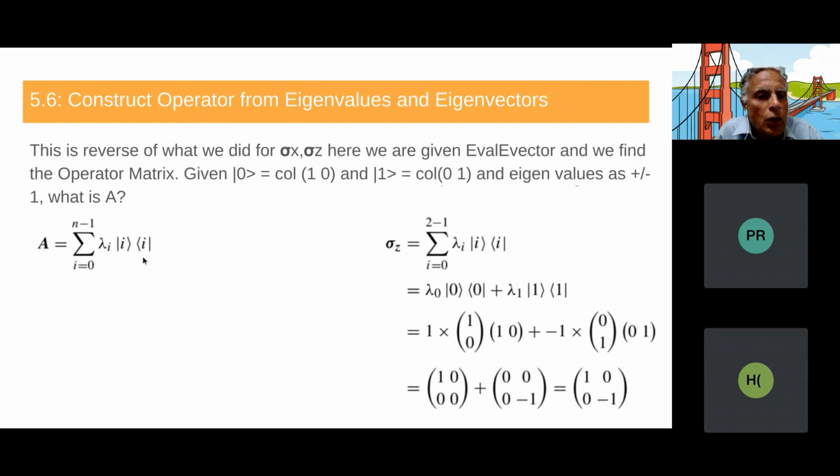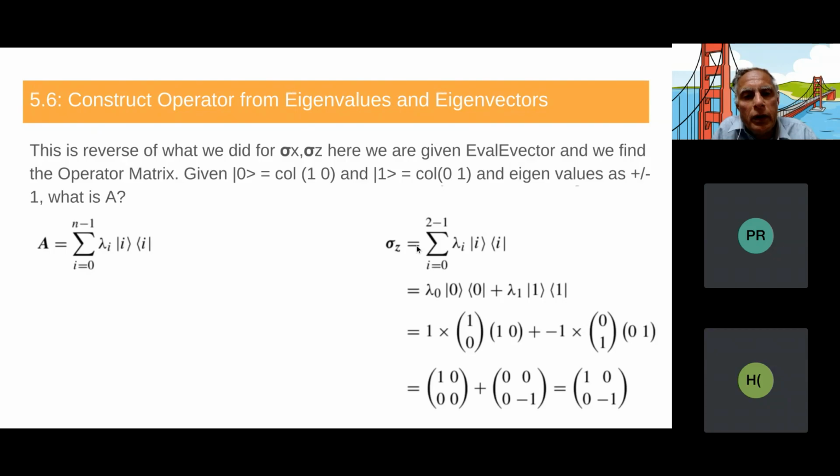the products, which is ket I and bra I. So basically ket I bra I, and that is equivalent to the dot product. So here we want to get, say, sigma z.